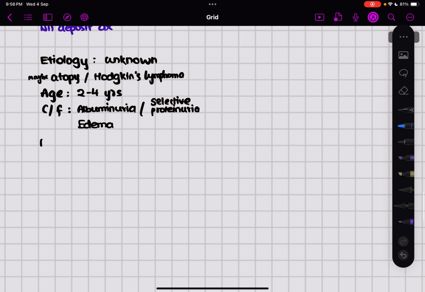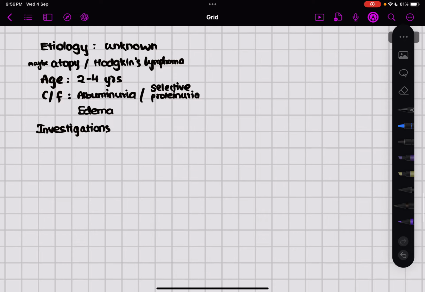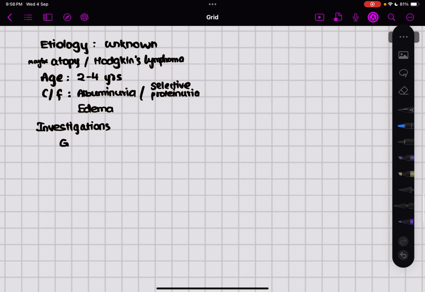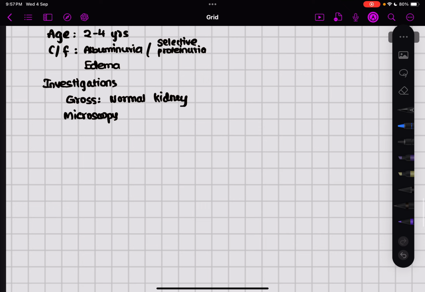After the clinical features, there are investigations. Under gross, it looks like a normal kidney. But under microscopy, light microscopy, electron microscopy, and immunofluorescence.